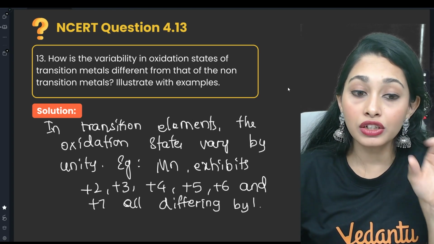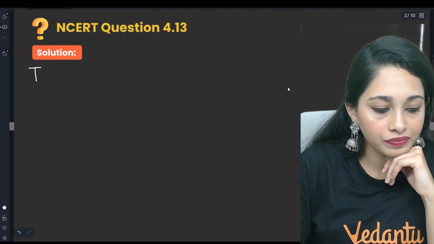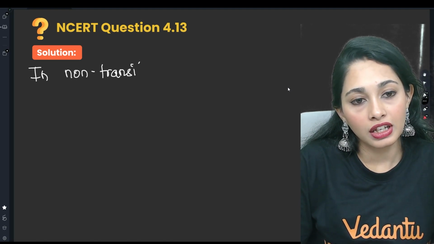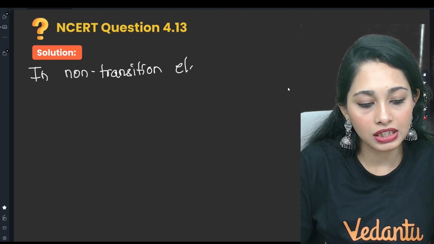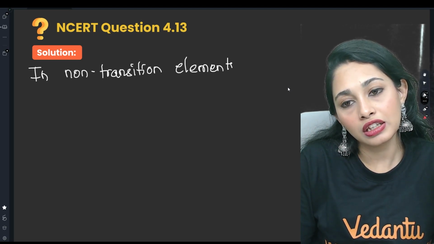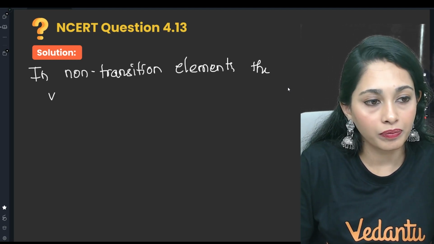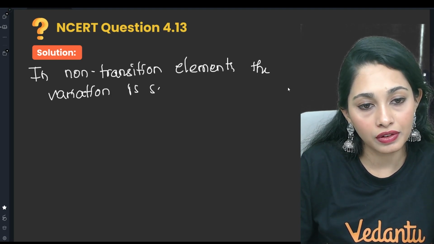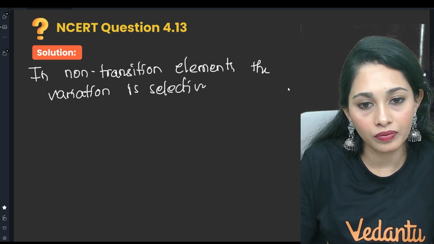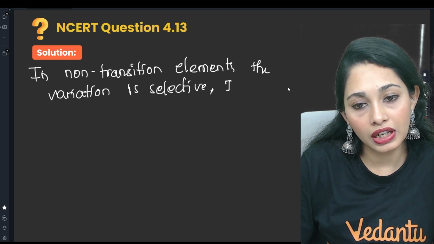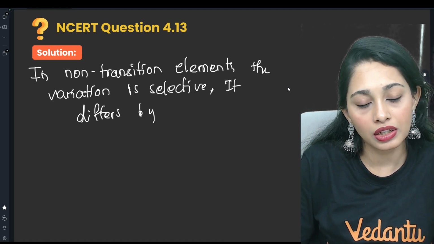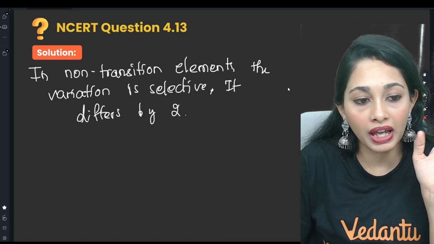But if we consider non-transition elements, the variation is selective. It differs by not one but two.